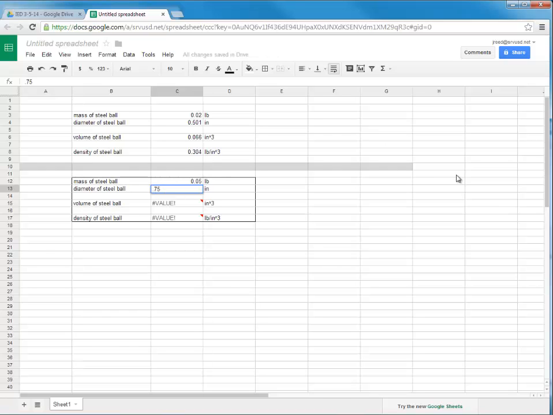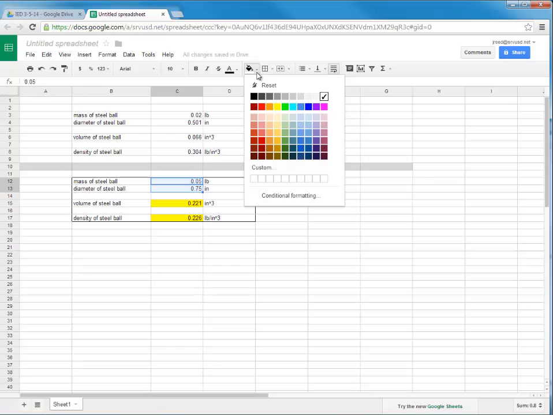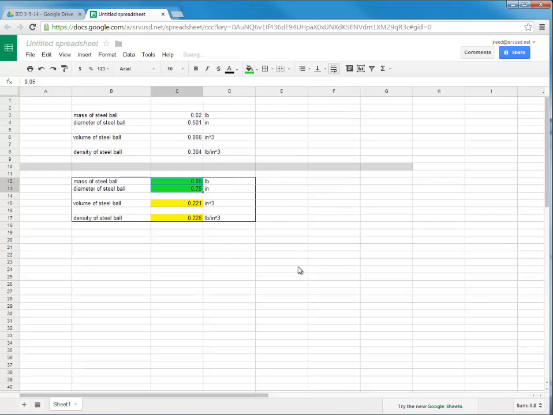And as soon as I put those numbers in, my volume and my density are immediately calculated. Okay? So we could even highlight these with a different color maybe to show that these are formulas that do the work for us. All we have to do is put the numbers into, say, the green.